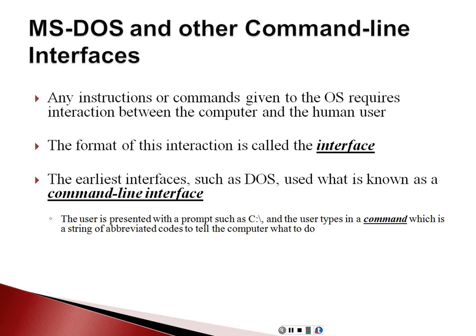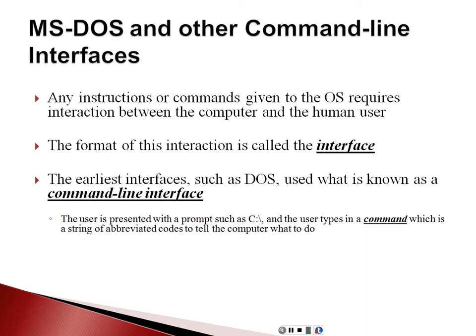That's called the interface. And so with DOS, you have to type in commands, and this is known as a command line interface. Just look at that term. You're typing commands on a line, and this is your interaction or your interface with the computer.